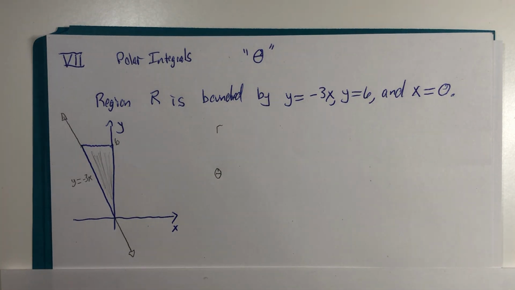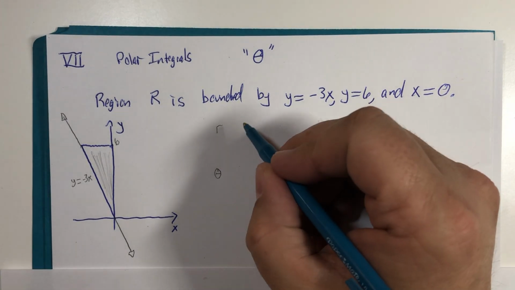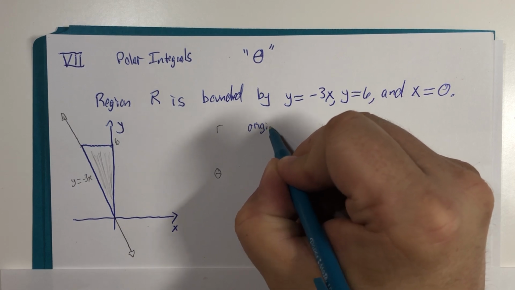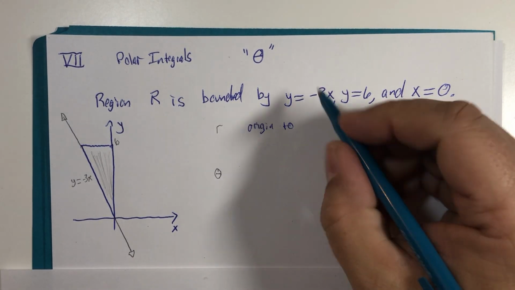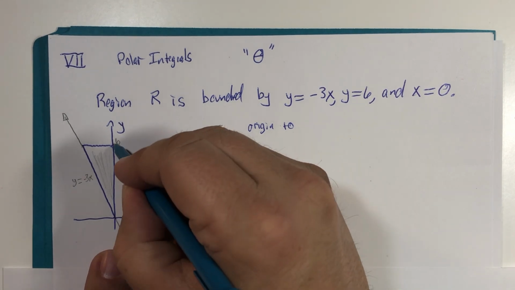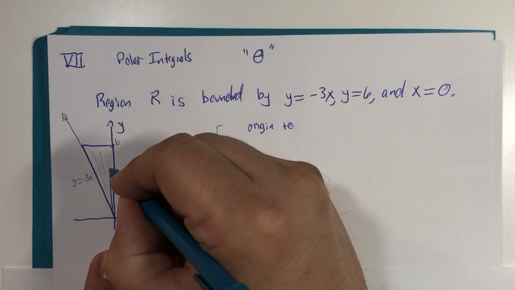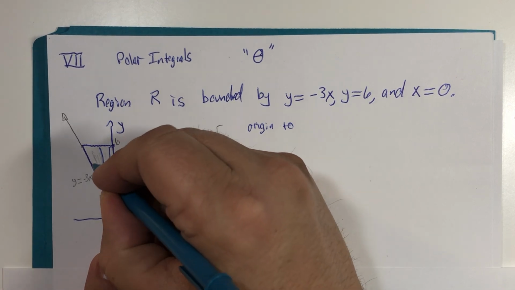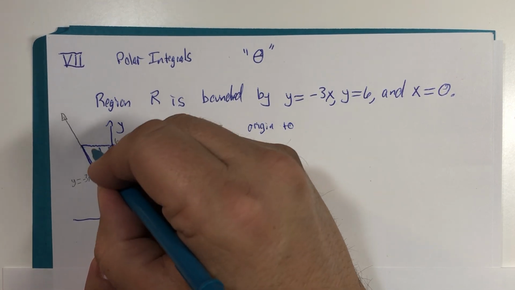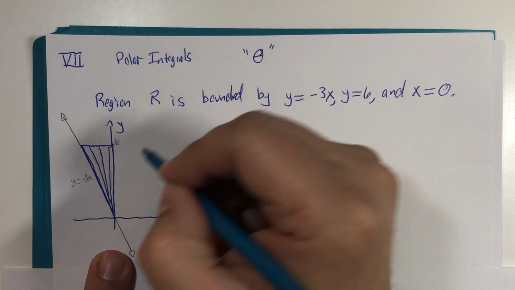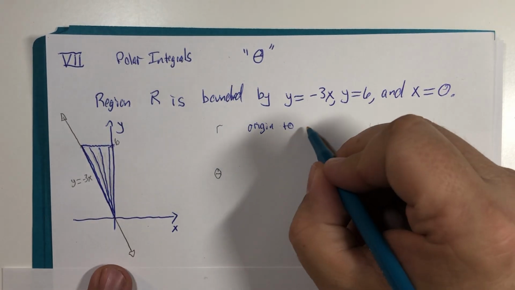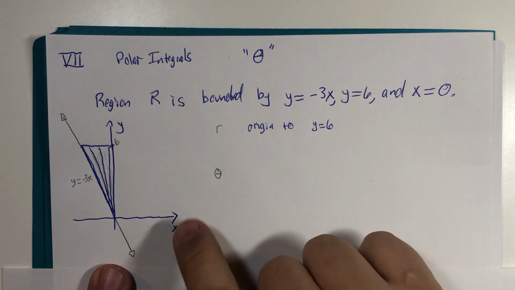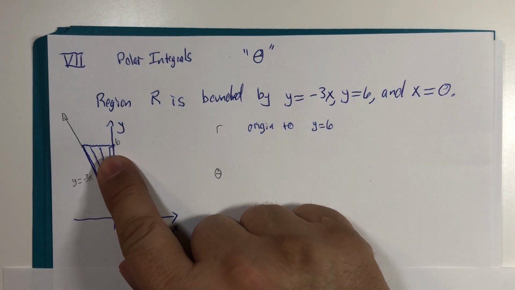Well, the r part of the boundary is from the origin, well, 6 units here, but more than 6 units there, and even more than that, up to whatever that distance is. And because that radius is changing, there's likely to be a variable there. So I'm just going to write y equals 6 as a placeholder, because that's the name of that boundary in my xy language.